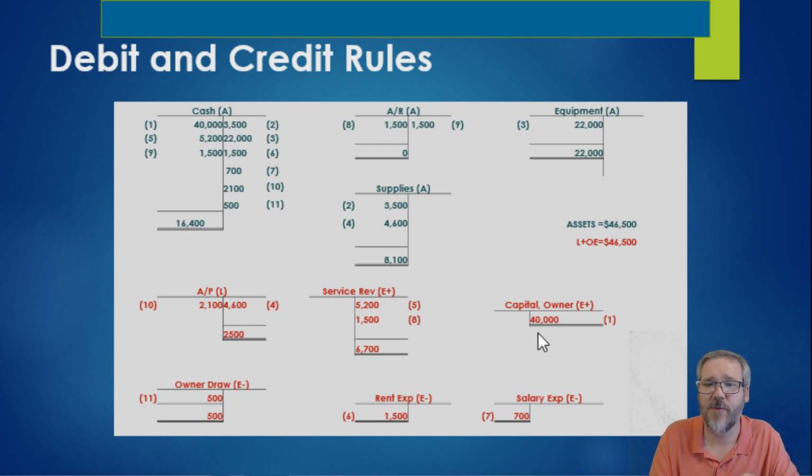So, if we take my $40,000 in equity, my $6,700 in revenues, my $2,500 in my liability, and I subtract $500 in owner drawing, $1,500 in rent expense, and this $700 in salary expense, I should get the same $46,500 that I got for assets.